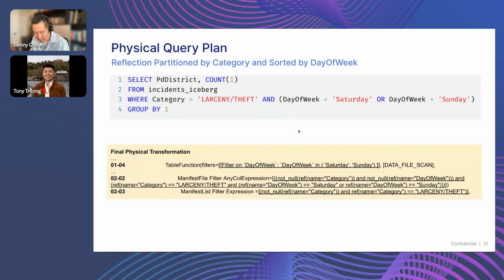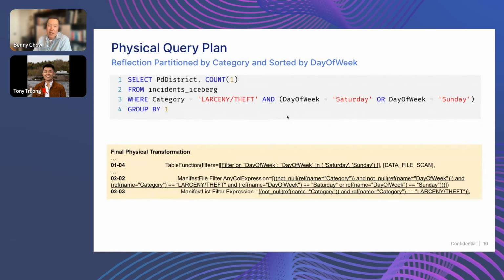So let's take a look at the query execution and see the partition pruning in action. Suppose you have this query. You're going to group by PD district and then count one, and filter on category equal to larceny theft, and day of week equal to these two values.